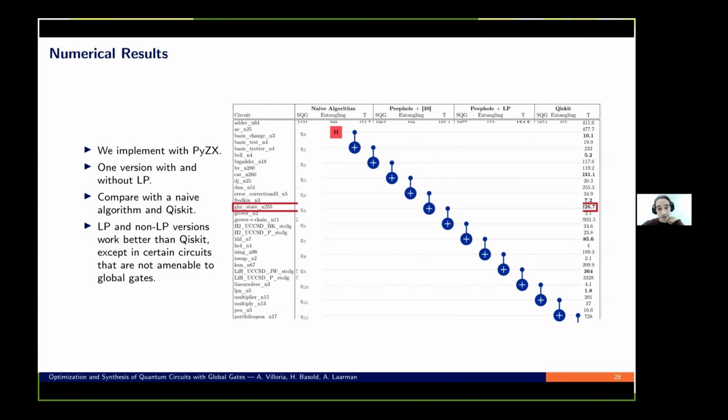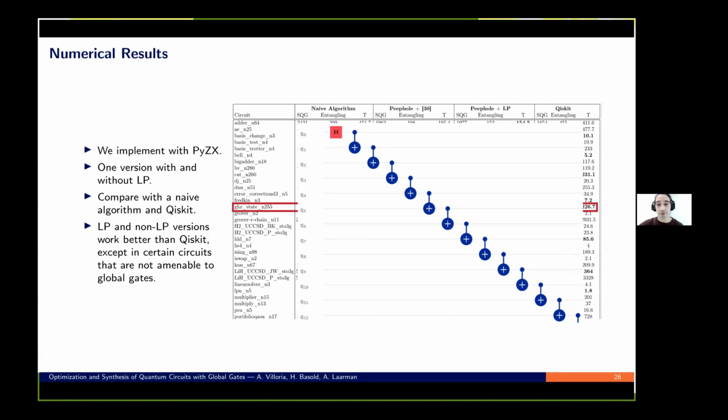This is how this GHZ state circuit looks. It's just a Hadamard gate followed by a cascade of CNOTs. In this case, the algorithm cannot find a better solution than just compiling every single CNOT into a global gate. But actually, if you know that there is an alternative way to make a GHZ state, in which you can just use a single fan-out, that would be, instead of having all these CNOTs like this, you can have them all controlled on the first qubit and then using the same targets.